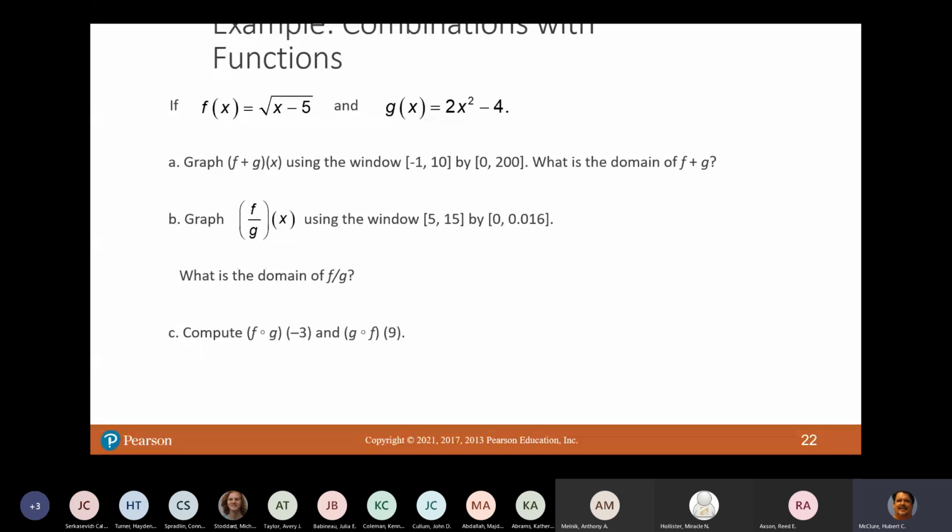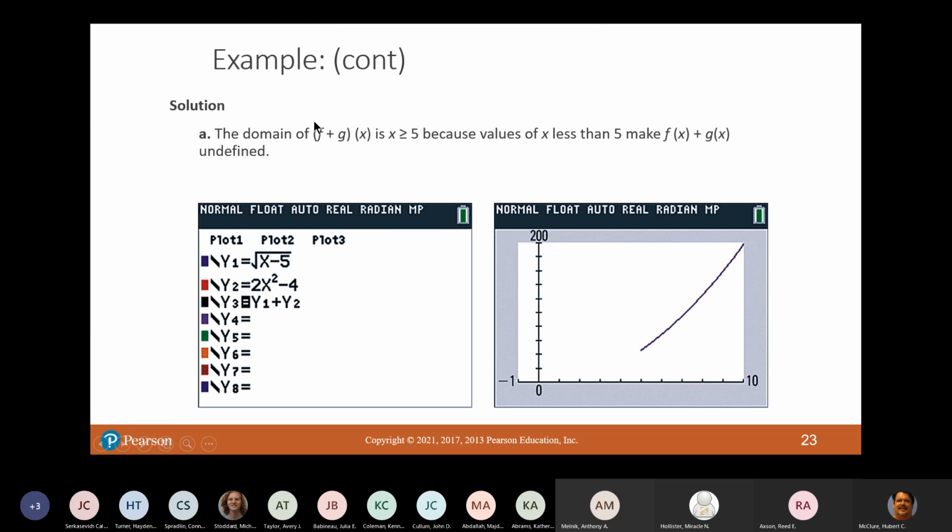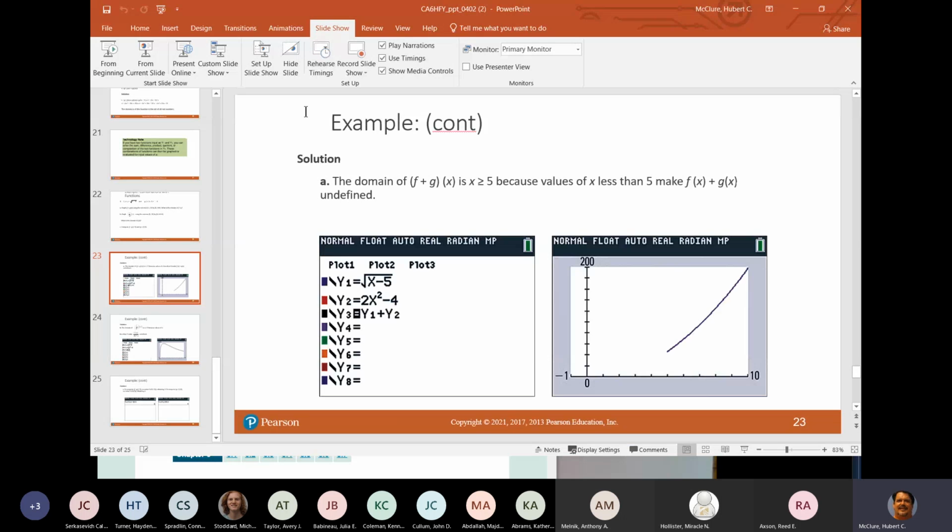Well, there's not anything you can do here, okay? When you have F plus G and you've got two terms that are not very compatible, there's nothing you can do.